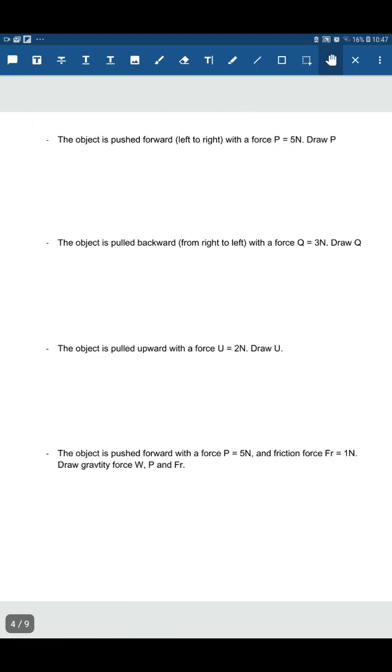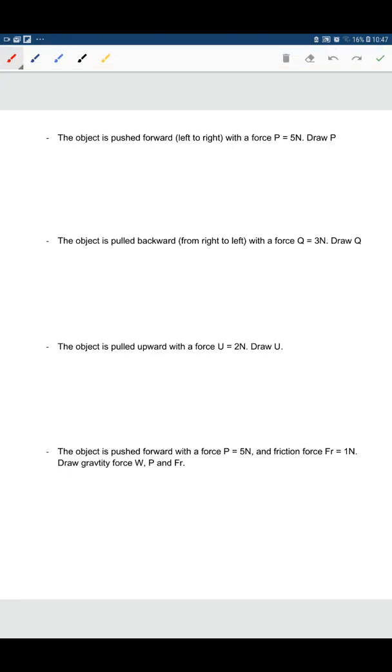Now the object is pushed forward from left to right. It's pushing from left to right, so the vector P goes in this direction, and it is acting on the object.